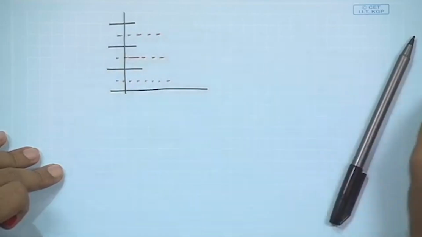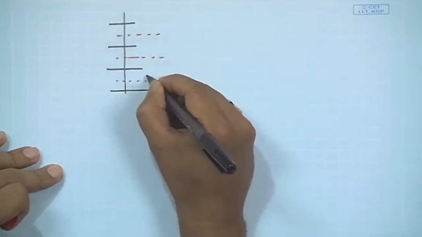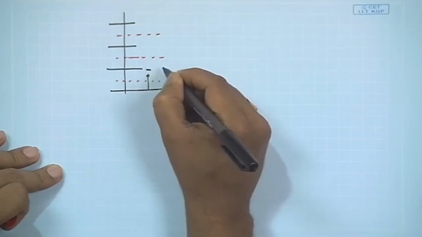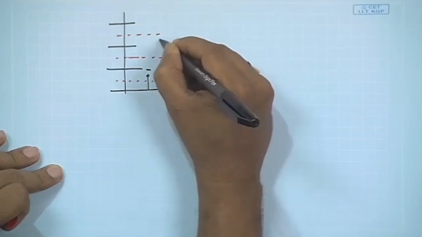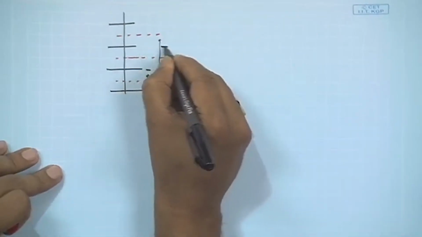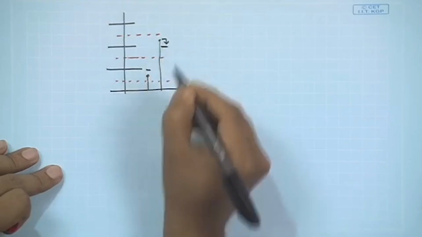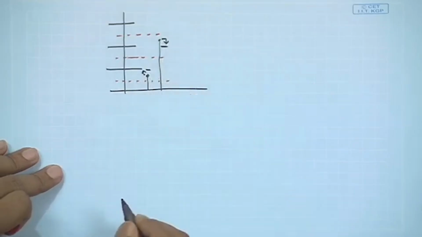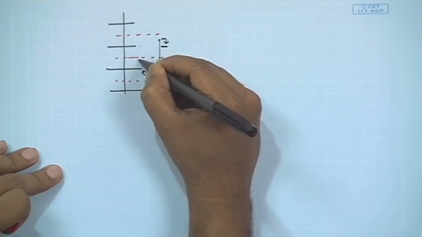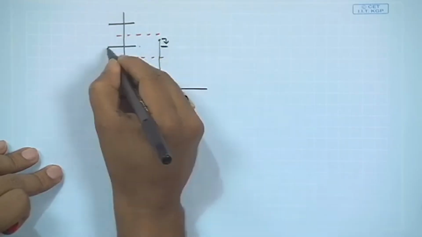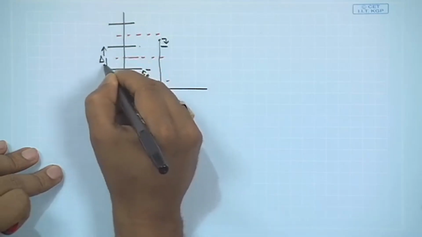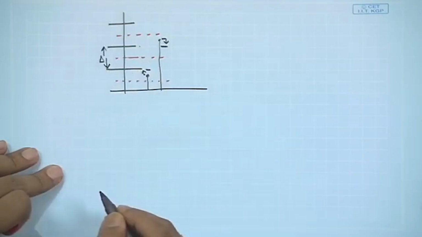Thresholds means comparison points. So, if a signal is here, you would elevate it to this level, and if a signal is here, you would degrade it to this level. So, this gets converted there and this gets converted there. A signal above this threshold goes up, a signal below this threshold goes down to the level there, and let this interval be marked as delta, that is the quantization step.